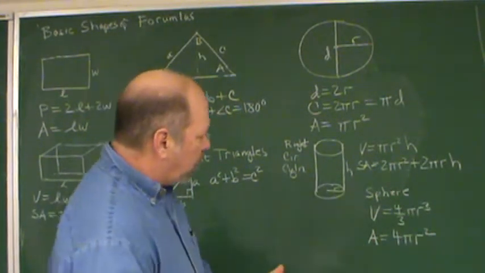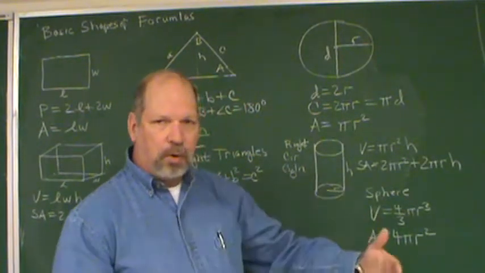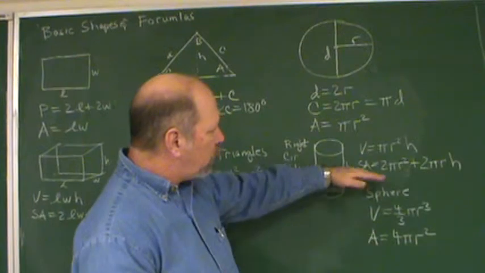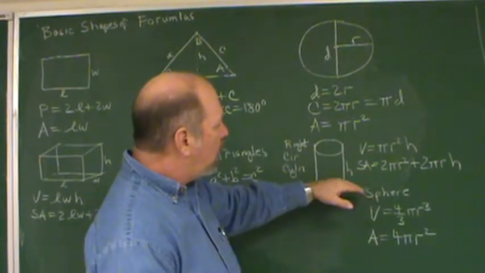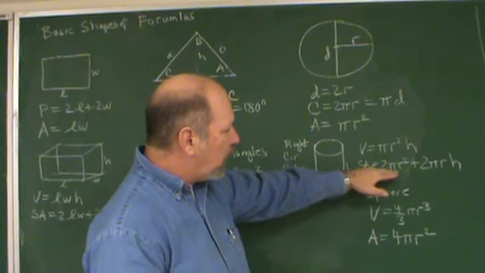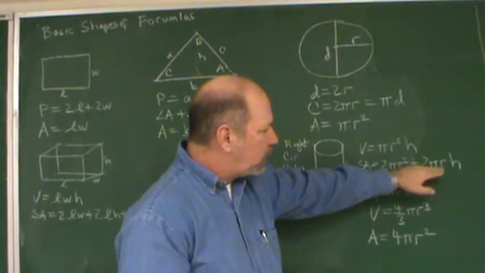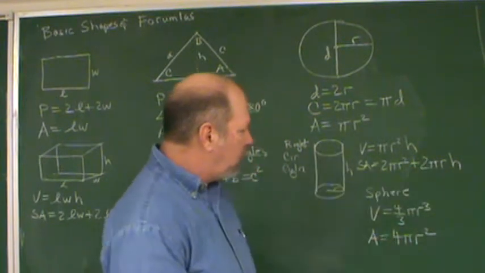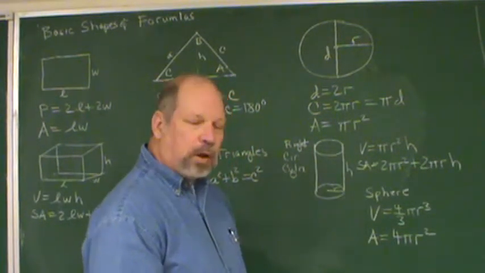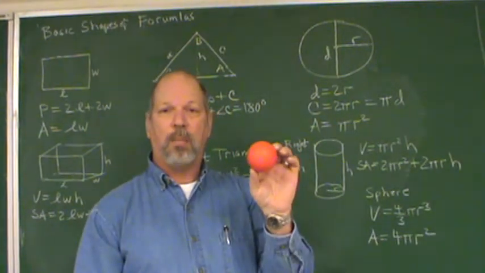The surface area of a right circular cylinder, now this is a formula I would give you. I don't need you to memorize this one, but the rest of them we need to have memorized. The surface area of a right circular cylinder is going to be 2 pi times radius squared plus 2 pi times the radius times the height. And one thing I'm not even going to try and draw on the board is a sphere. A sphere is like a ball.